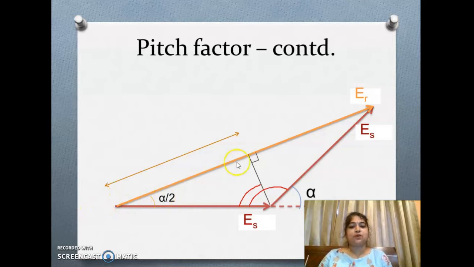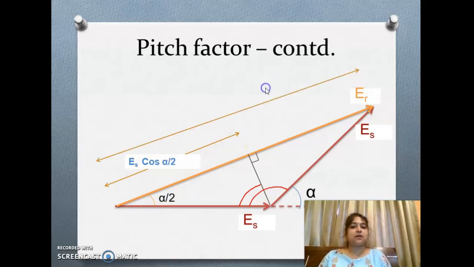If this is alpha by 2 and this is a right angle triangle, with hypotenuse ES, then this is nothing but ES cos alpha by 2. Then ER is nothing but twice ES cos alpha by 2, because that is twice this value. So hence we got the expression for ER.